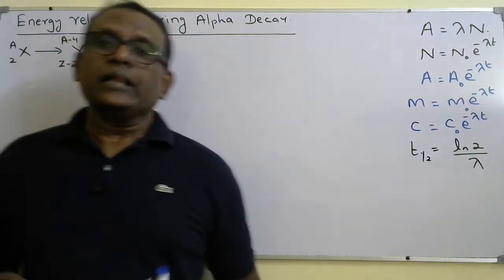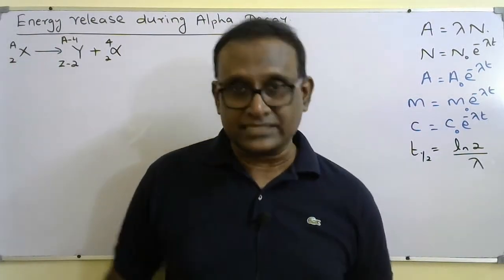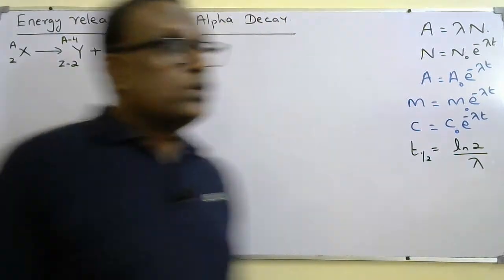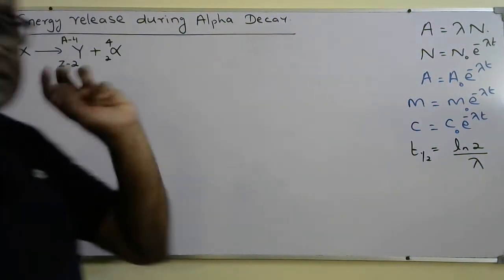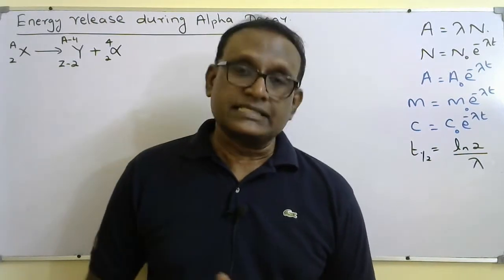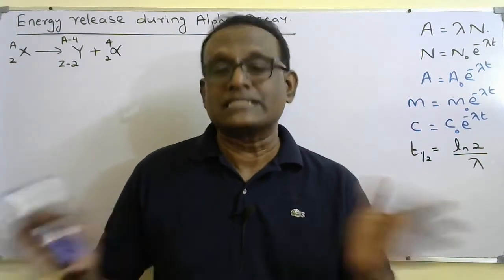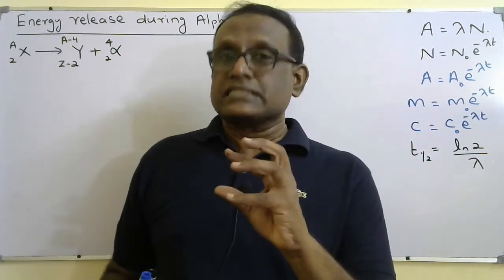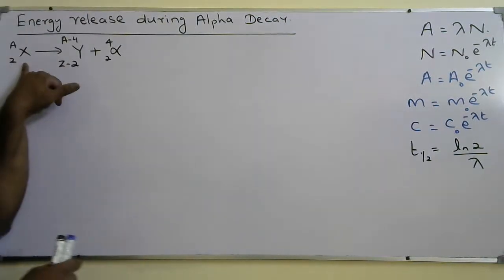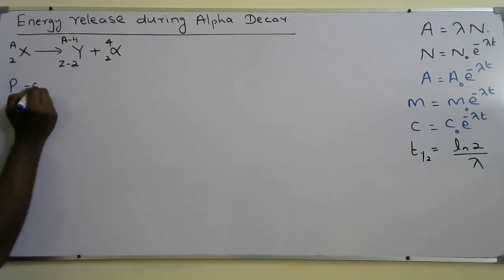The idea is that before the parent nucleus decays, it is at rest, which means its momentum is zero before emitting the alpha particle. In my first lesson, I told that during all types of nuclear decay, momentum is conserved. So the initial momentum, the momentum of X, the parent nucleus, is equal to zero.